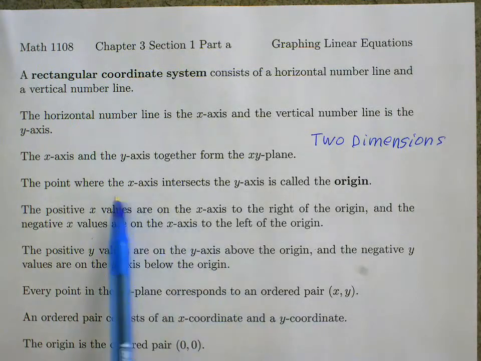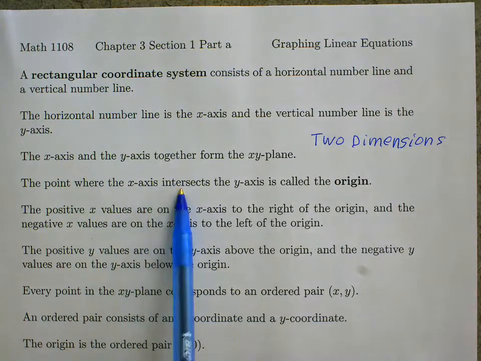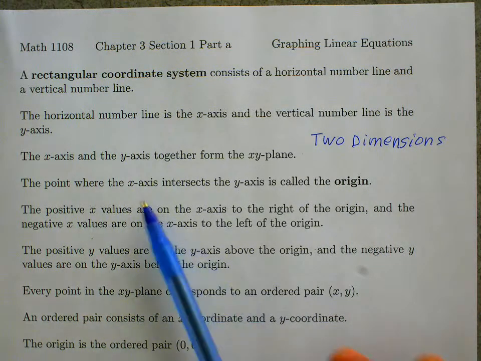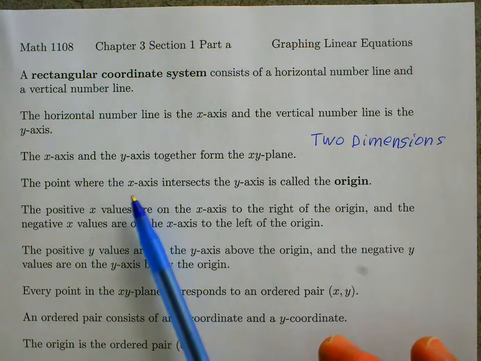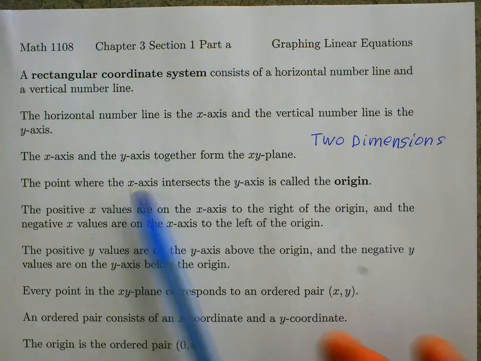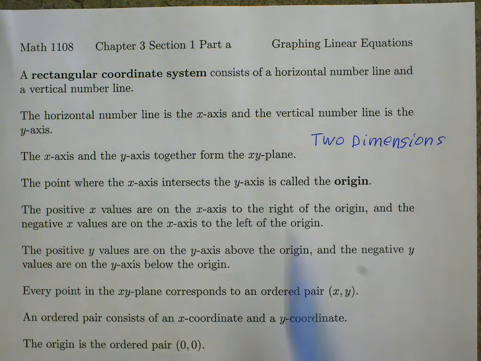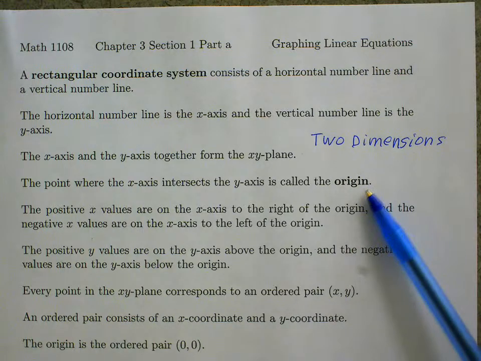The point where the x-axis intersects the y-axis is called the origin. So I'll draw some pictures a little bit later, but you can visualize the x-axis being horizontal and the y-axis being vertical, and the point where they intersect, we refer to that as the origin.